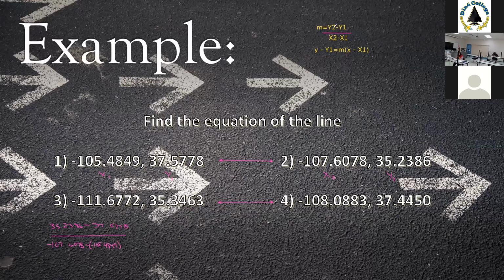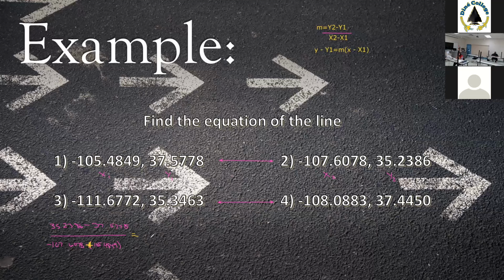Since this is a negative times a negative, we are going to change it into a positive here. And since they're decimals, it's okay to use a calculator here.